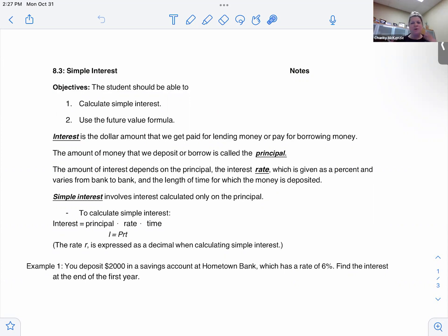When we're doing this, the principal amount is what we start with, what we borrow, that initial amount. Our rate is our percent. We always have to move that decimal 2 places for our rate.